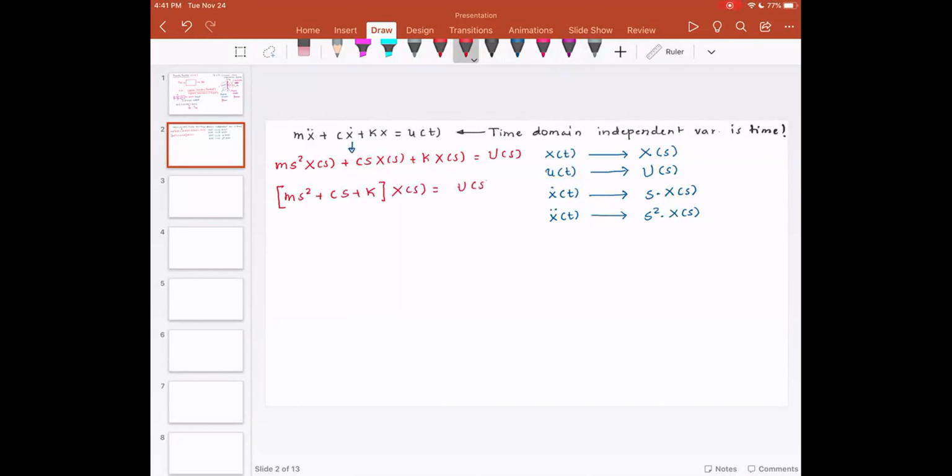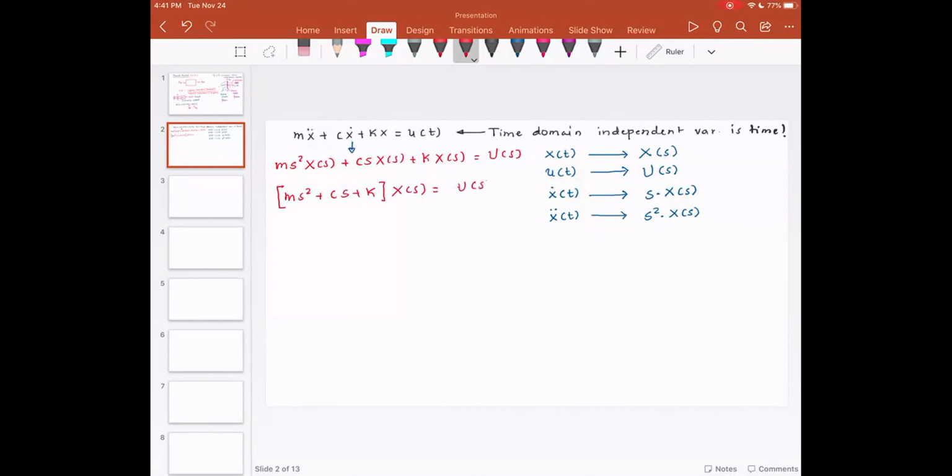Once again, please note that this is my output and this is my input. So I want to define the transfer function as the Laplace transform of output divided by the Laplace transform of input, and this, as you can see, is nothing but 1 divided by ms square plus cs plus k.